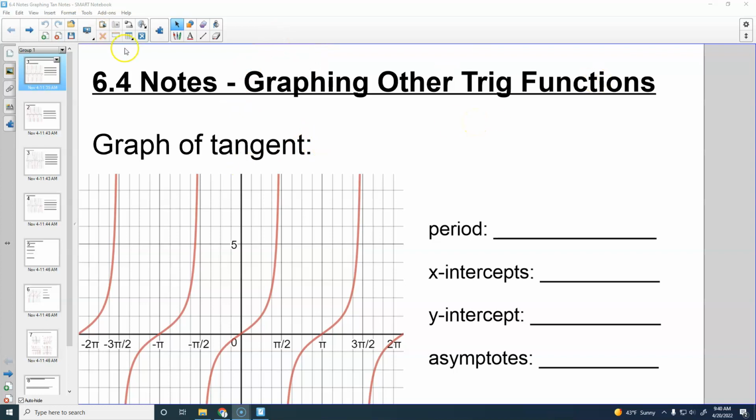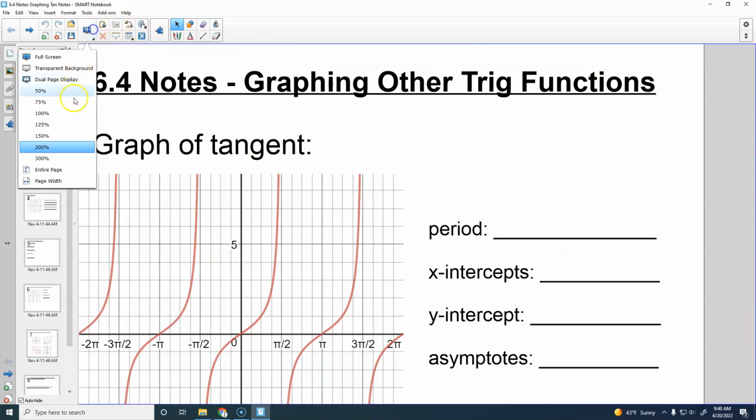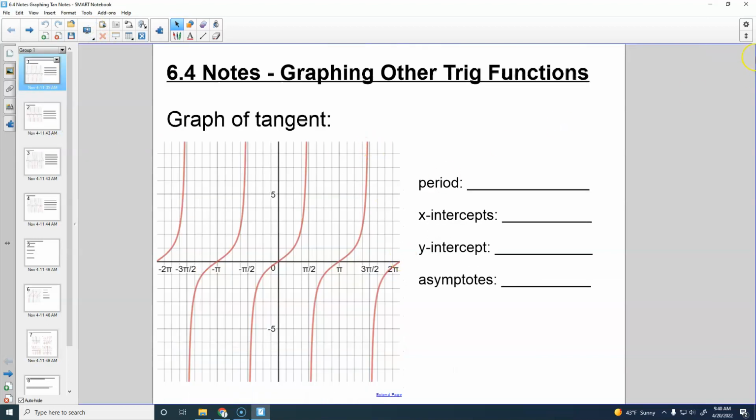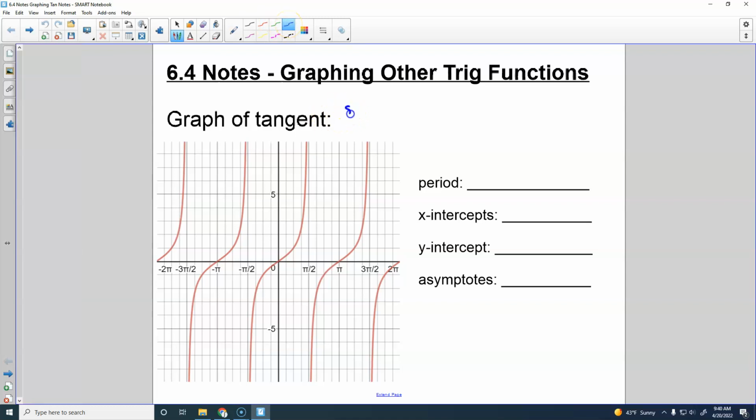So the first one that you see here is tangent. It's a little smaller. So to remind ourselves, tangent is sine of theta over cosine of theta. So if cosine of theta equals 0, what do we know about tangent?